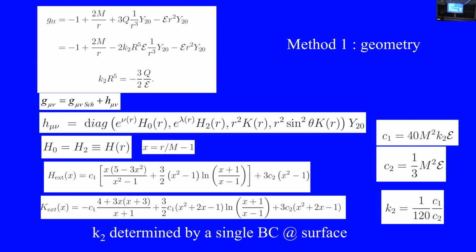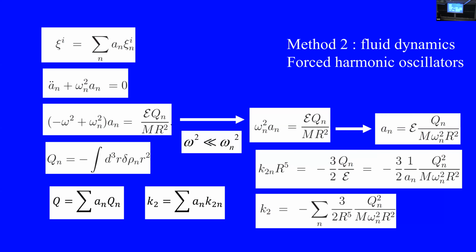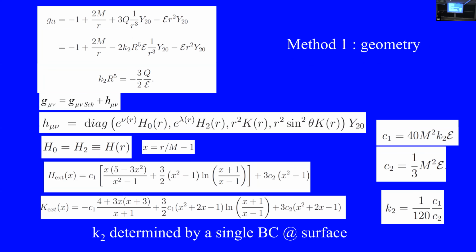These are the parameters associated with the increasing and decreasing mode, and K2 is the ratio between them. Okay, so that's the standard way. And as you will see, in GR the C1 will be 0, and in my calculation, C1 will not be 0.